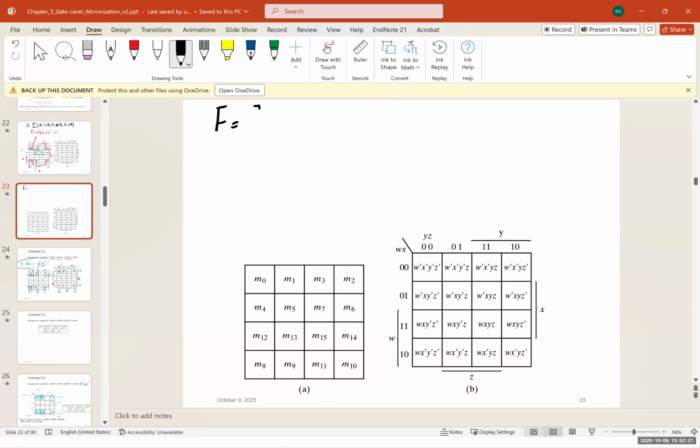So F is sigma, or let's solve it another way. F is equal to xy plus wx y prime z prime plus w prime x prime y prime z plus y prime z prime.